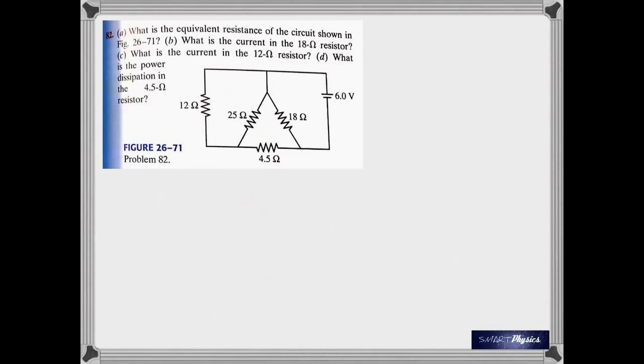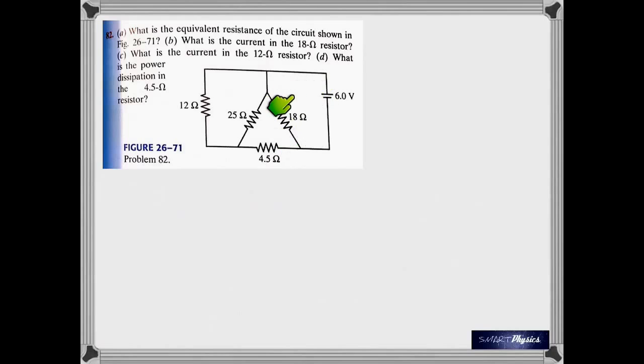Let's do one more. Here you're asked to find the equivalent resistance of the circuit. If you simply take a look at this circuit and apply Kirchhoff's loop rule in this part, look at that part, there's the battery there and just the 18 ohms.